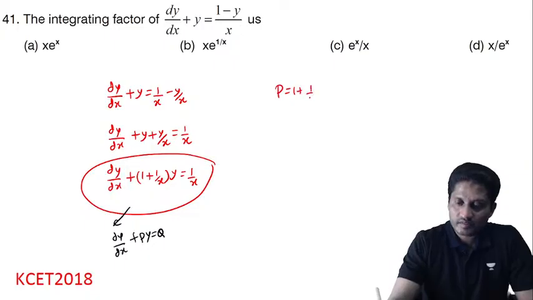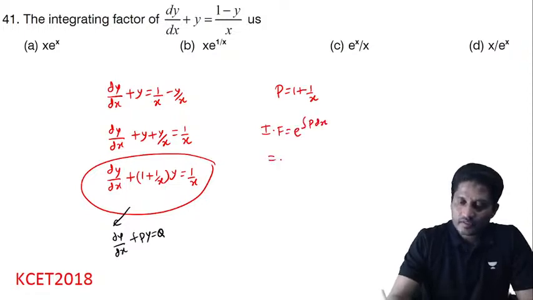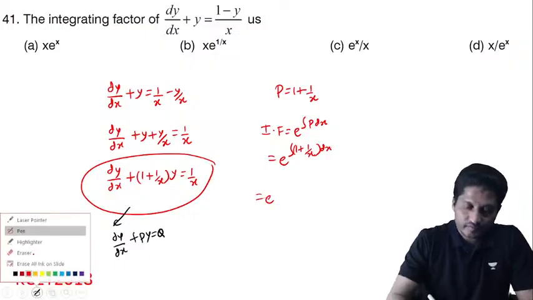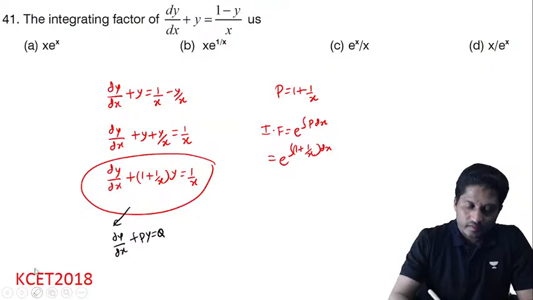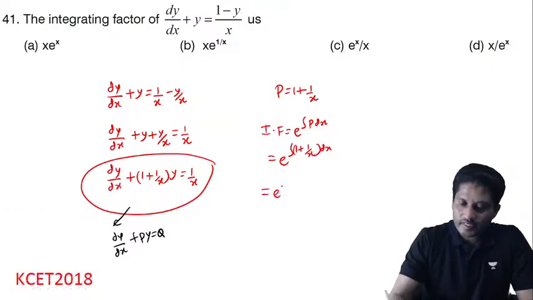We are supposed to find the integrating factor, right? Integrating factor is e power integration of p dx, e power integration of 1 plus 1 by x dx. Now this is e to the power of integration of dx is x, integration of 1 by x is log x.